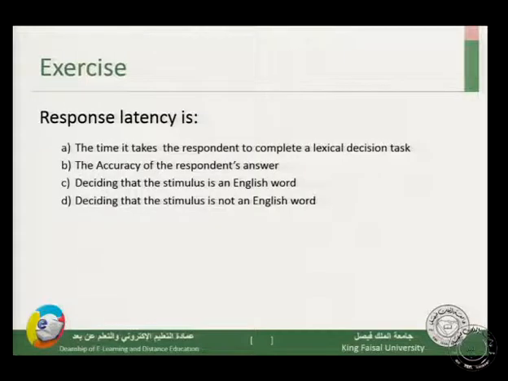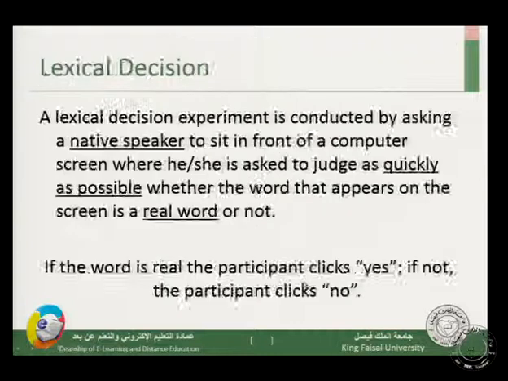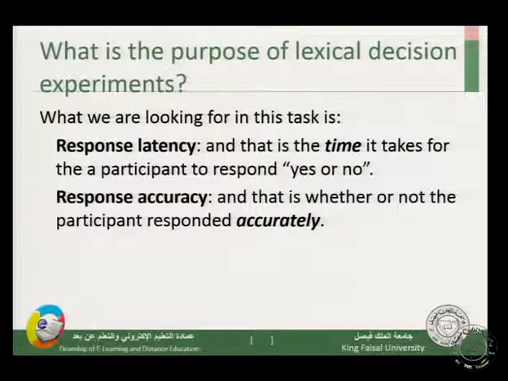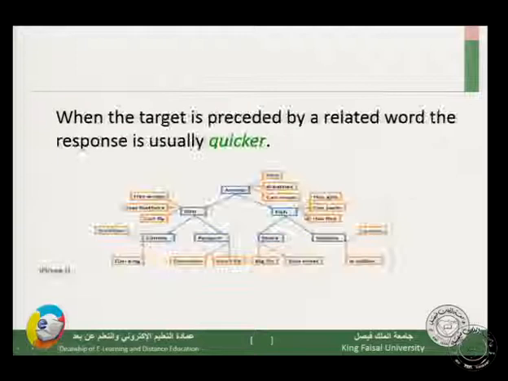Okay? If you chose the first item, which is the time it takes the respondent to complete a lexical decision task, your response is right. Your response is accurate, because if you look at this slide, we will see that response latency is the time it takes the participant to respond either yes or no. Okay?